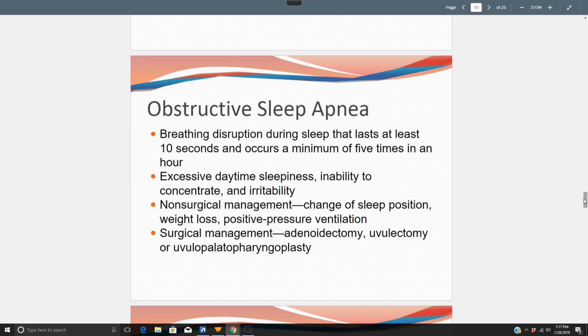Certain people are more at risk for developing sleep apnea: people that are obese, people that have a short neck, people that have a large uvula, and even people that smoke. Also, if some people were born with large tonsils, those can all be factors that would possibly make someone more at risk of developing sleep apnea, okay?